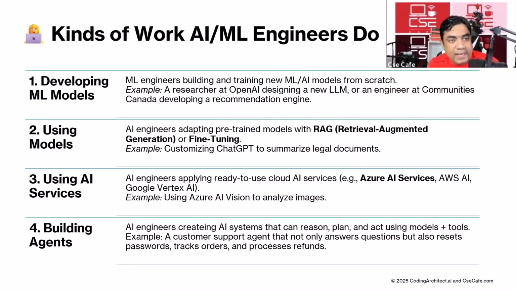The kinds of work AI ML engineers do. Sometimes you'll be developing ML models. ML engineers are building and training new ML or AI models from scratch. Example, a researcher at OpenAI designing a new LLM, or an engineer at Communities Canada developing a recommendation engine.